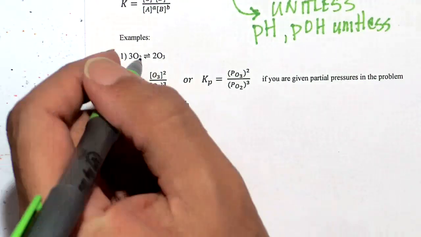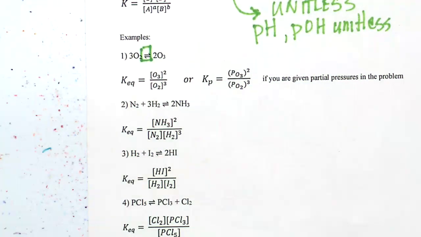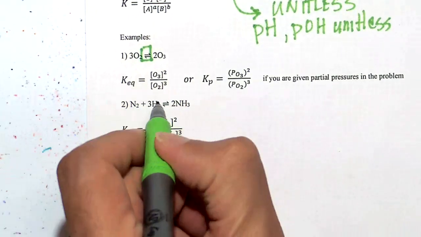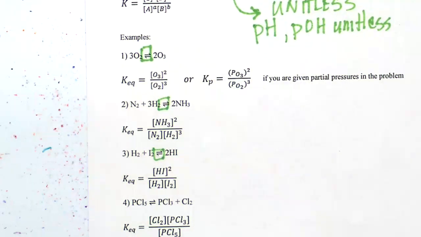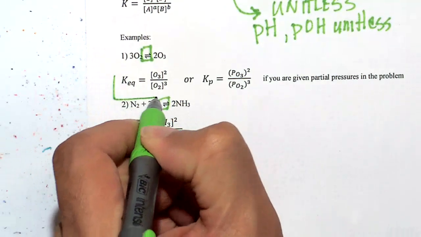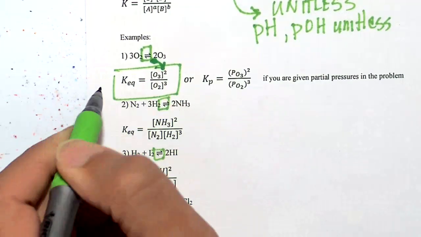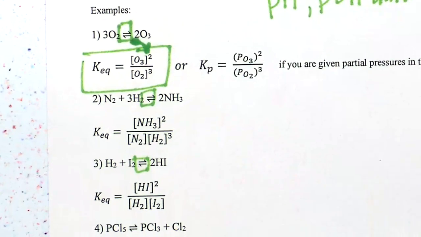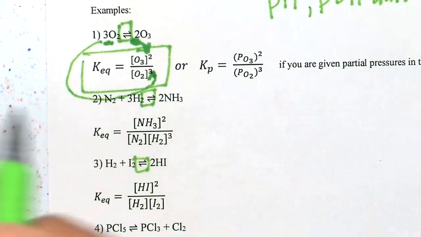All right, so here are some equilibrium reactions. So look at the arrow. Okay, I invite you to observe the arrow. Be very keen on this. The arrows tell us that this reaction has some reactants left over as well as some products left over when it is all said and done. And here's our equilibrium constant. Okay, so where do you think this 2 comes from? Right there in the exponent. Where do you think this 3 comes from? Right there in the exponent.